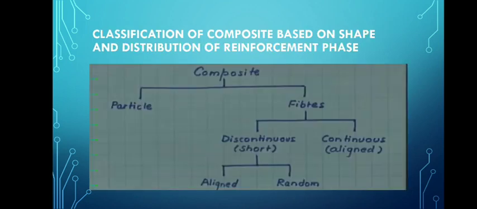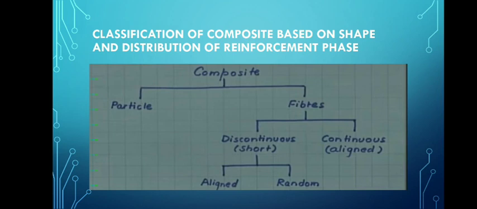Here I show you a classification scheme of composites based on the shape and distribution of the reinforcing phase. The reinforcing phase can be a particle, so we will say a particle or particulate composite, or it can be a fiber, and we will call it a fiber composite.